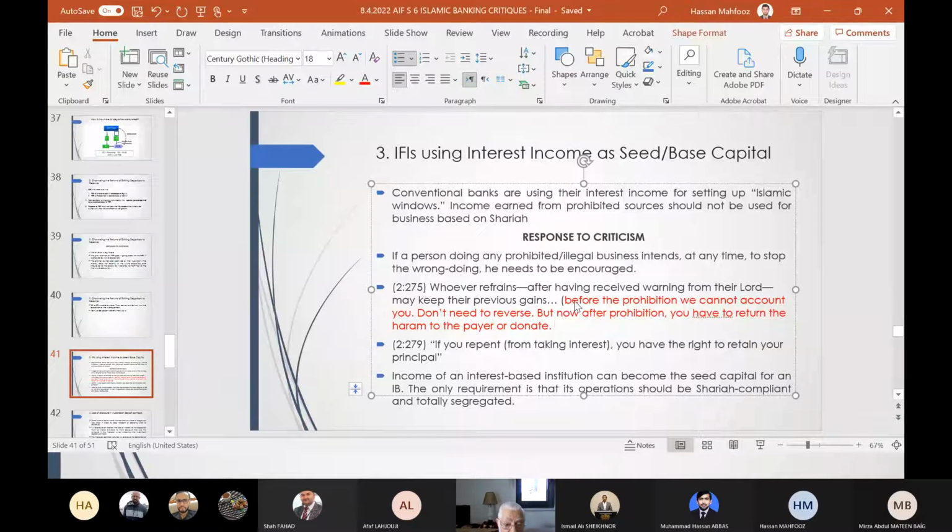Although we were in a discussion at one time, and Abdul Rahman Yusri said, oh, if someone wants to change from conventional bank and make it an Islamic bank, we will tell shareholders it's okay to retain all the profit that you made in the past. But to my knowledge, the fatwa that was given to the founder of the Ahli Bank in Saudi by the late Sheikh Ibn Baz, Abdul Aziz Ibn Baz, his name, right?